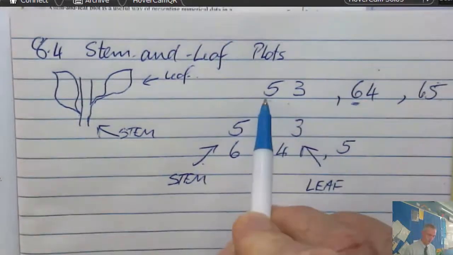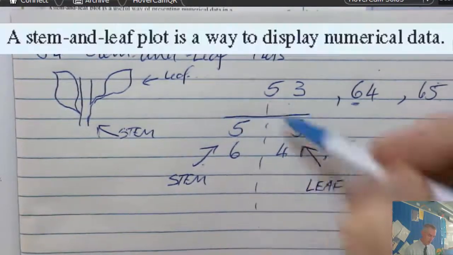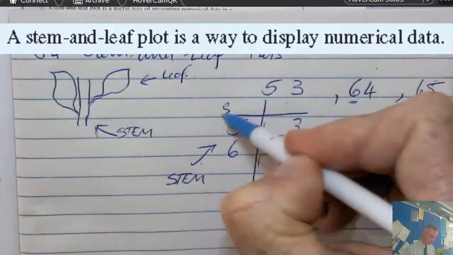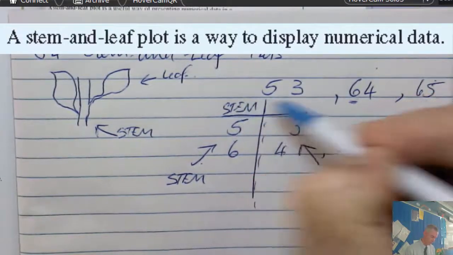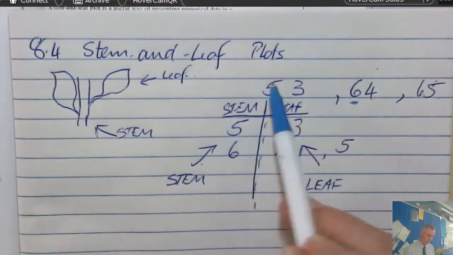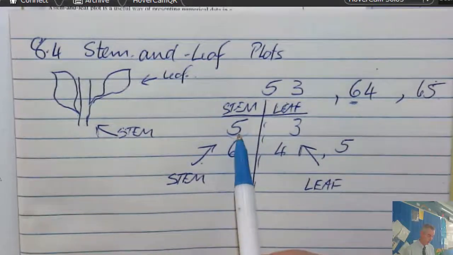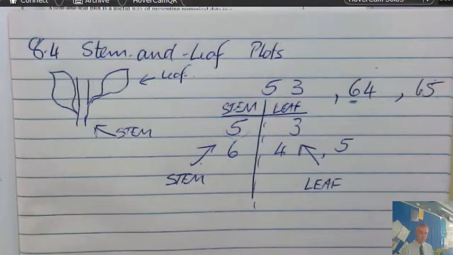So instead of having things like a list of 53, 64, 65, I would create this sort of table layout. My stem would be on this side, my leaf on the other. The main part of the number, 53, the 50 is the main part, the strongest part, so that goes on the stem side, the leaf, the 3 goes on the other.